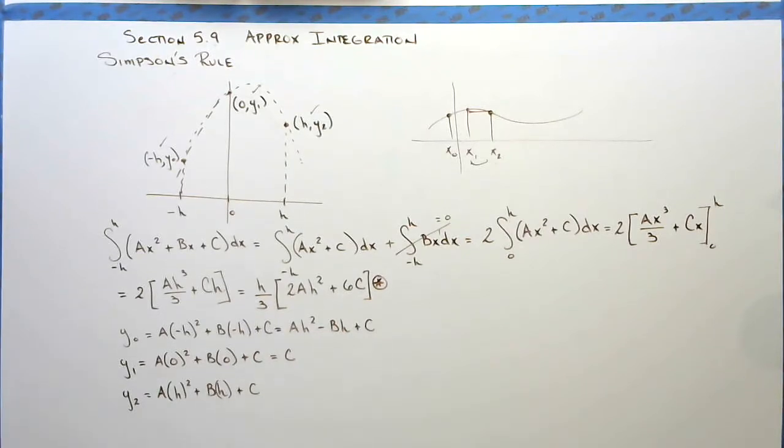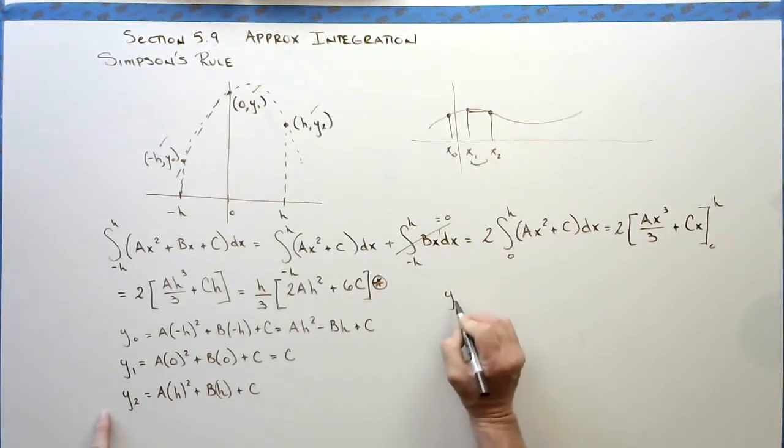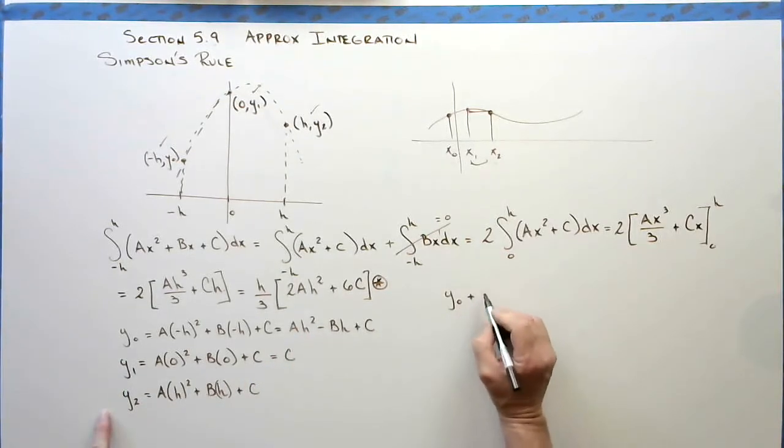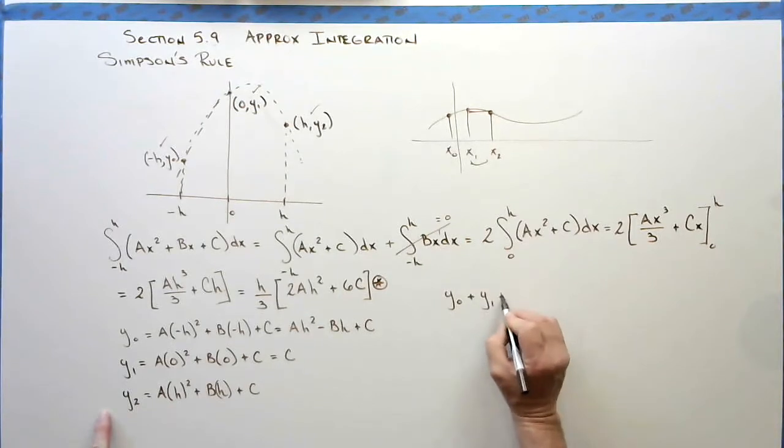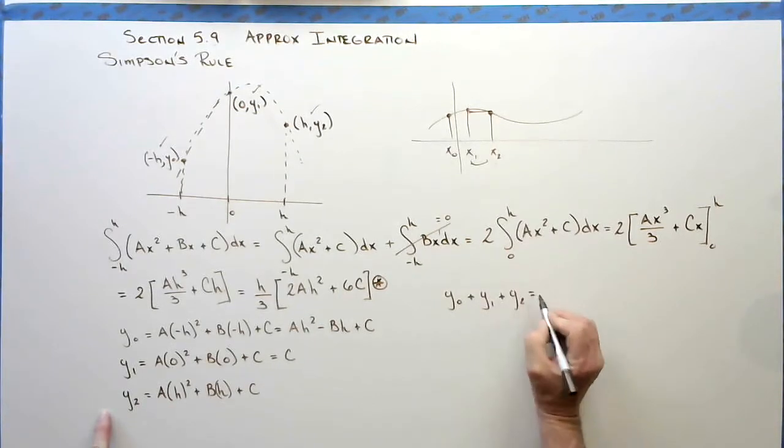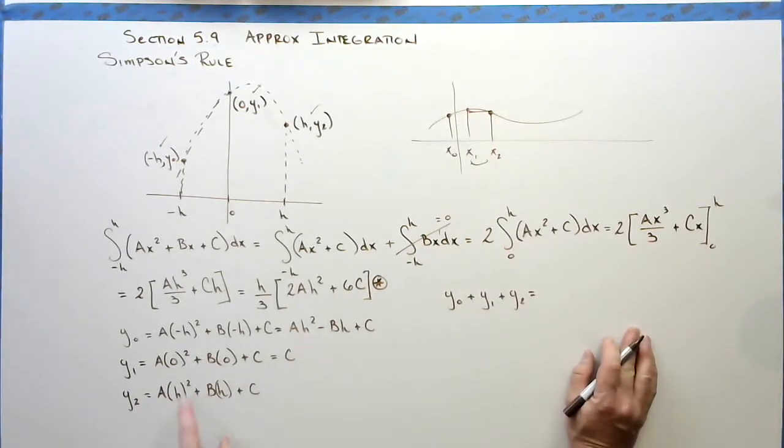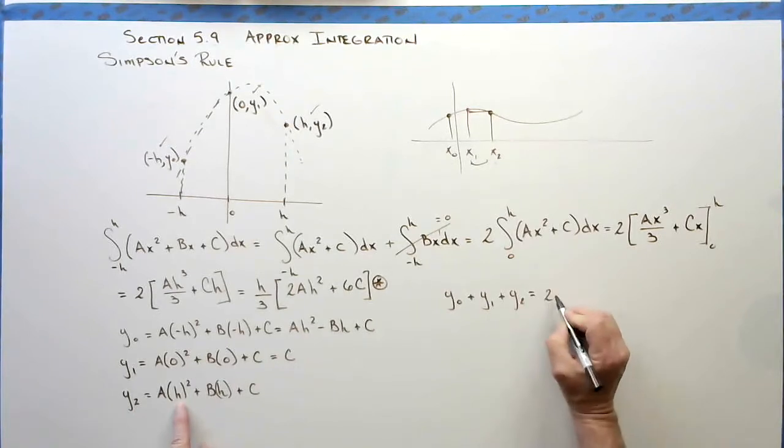Now, if we add all these together, on the left-hand side, we're going to have y naught plus y sub 1 plus y sub 2. If we add them together, we're going to get ah squared plus ah squared, which is 2ah squared.